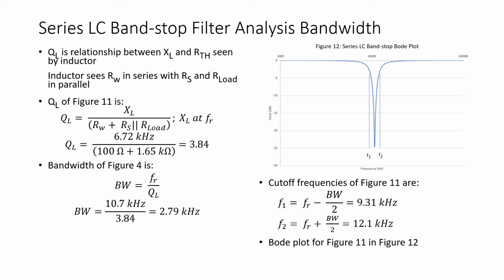The depth of the notch is negative 25 dB, which tells us that we have a very large attenuation of the signal at the resonant frequency 10.7 kilohertz. So this is a very selective filter in terms of a narrow bandwidth and a very high notch depth, negative 25 dB.